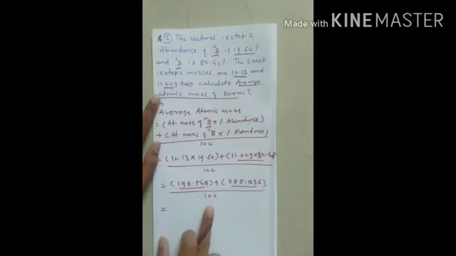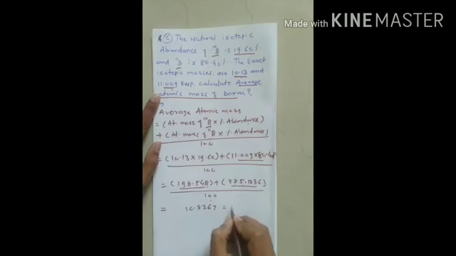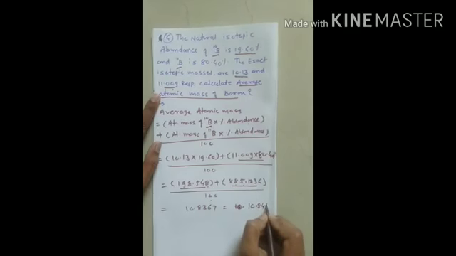If you solve this, you will get the answer 10.8367, which can be written as 10.84 AMU, or u, unified atomic mass unit.